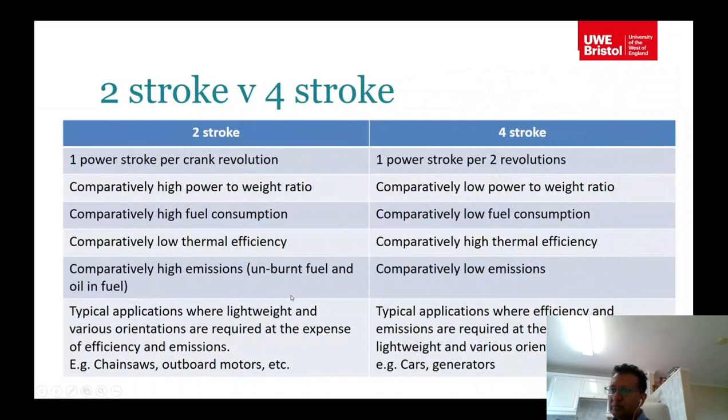The two-stroke engine has one power stroke for every revolution. In four-stroke engines you have one power stroke per two revolutions. And it tells you other things as well. Two-stroke has a comparatively high power to weight ratio, four-stroke a comparatively low power to weight ratio.